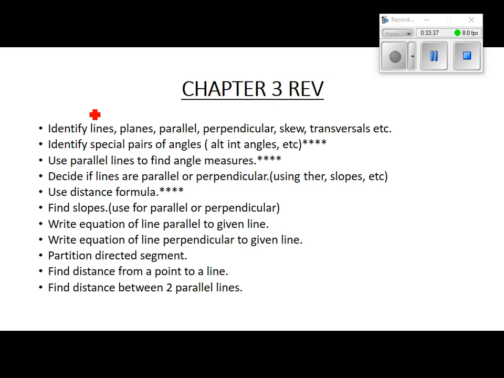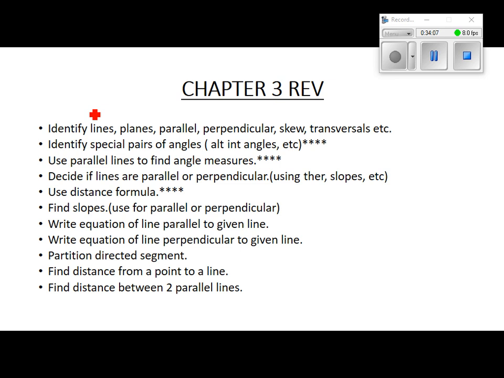Right on this, I'm going to start going over them. Be able to identify different kinds of lines and planes, whether they're parallel, perpendicular, skew, and know what the transversals are. So if I gave you a picture of this box and said, name me 2 parallel lines, maybe name this one and this one. Name me 2 perpendicular lines, maybe this one and that one.